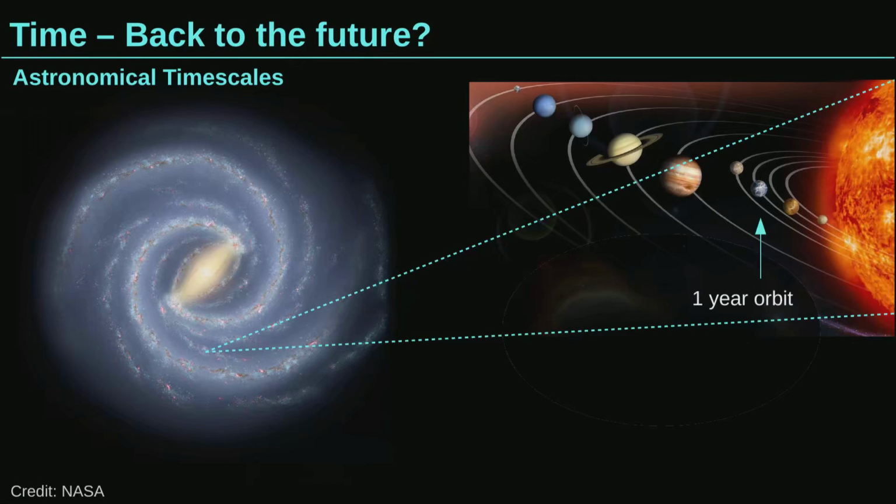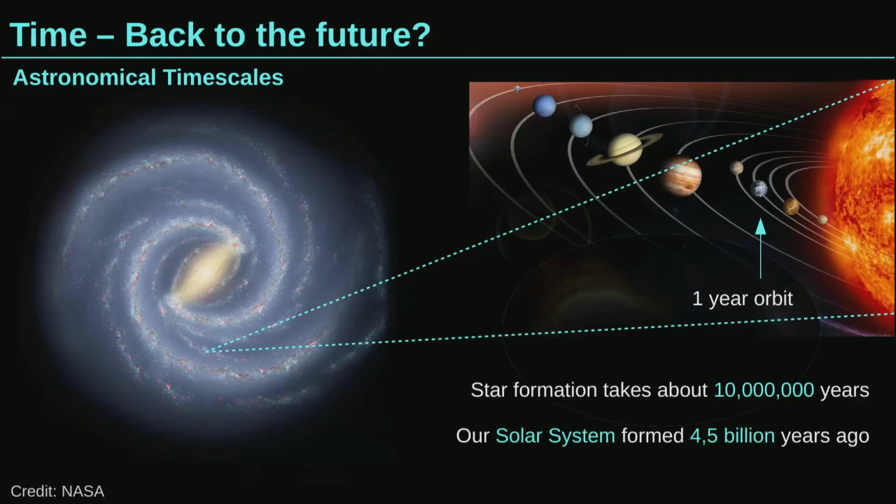Now think about how long it takes for the Sun to orbit around the center of the galaxy. It's 400 million years. And even the star formation takes 10 million years. We cannot wait 10 million years to watch how a star is forming, right? That's why we need computational methods or simulations on a computer to understand these processes.